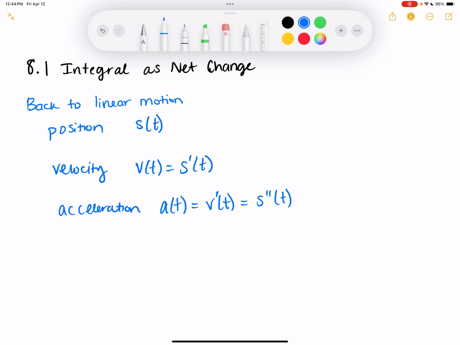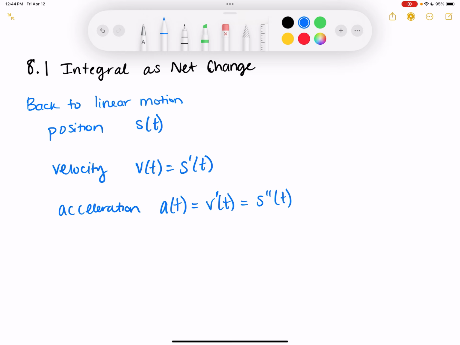So now we're going to be working in the opposite direction, right? Because we did all this stuff when we were doing derivatives, but we've been using integrals, so you should expect that we're going to be using integrals now to do all of this. Some of it will be finding a position at certain times when you're given acceleration or velocity, or finding distance traveled, which is a big thing.